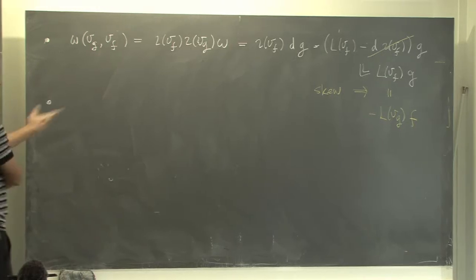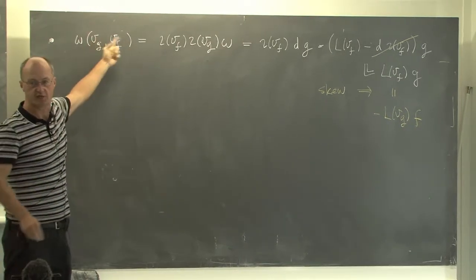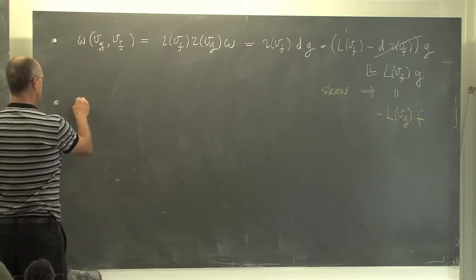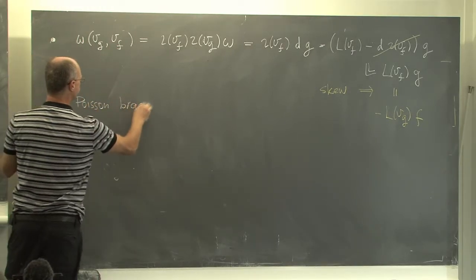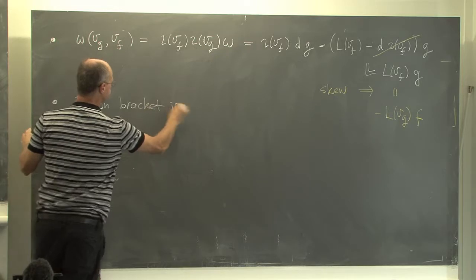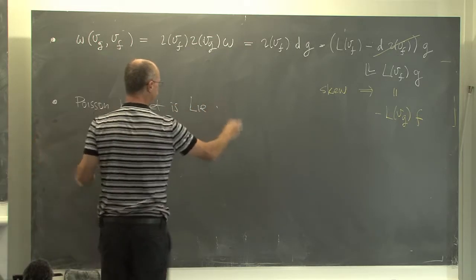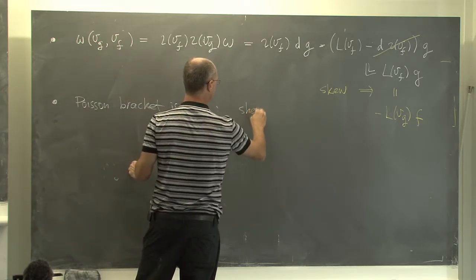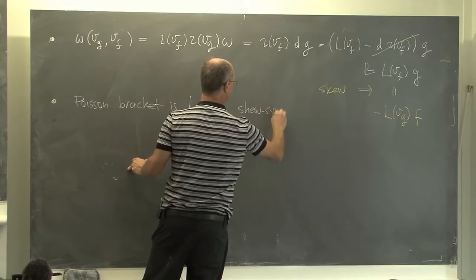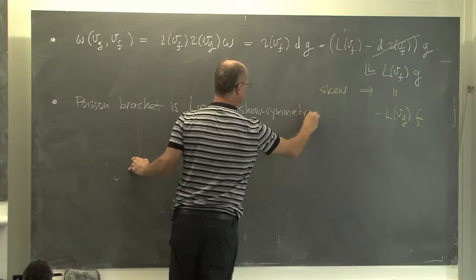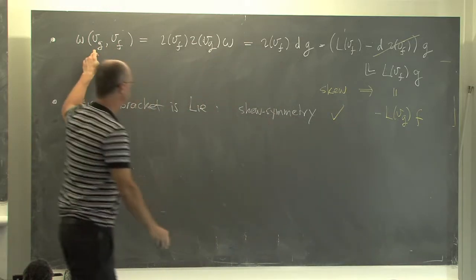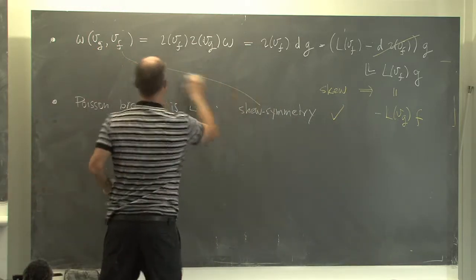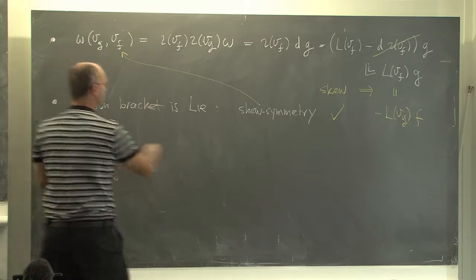So skew-symmetry is obvious from this expression, right? On skew-symmetry, we can put a check because we already know it's skew. Now, what about Jacobi?